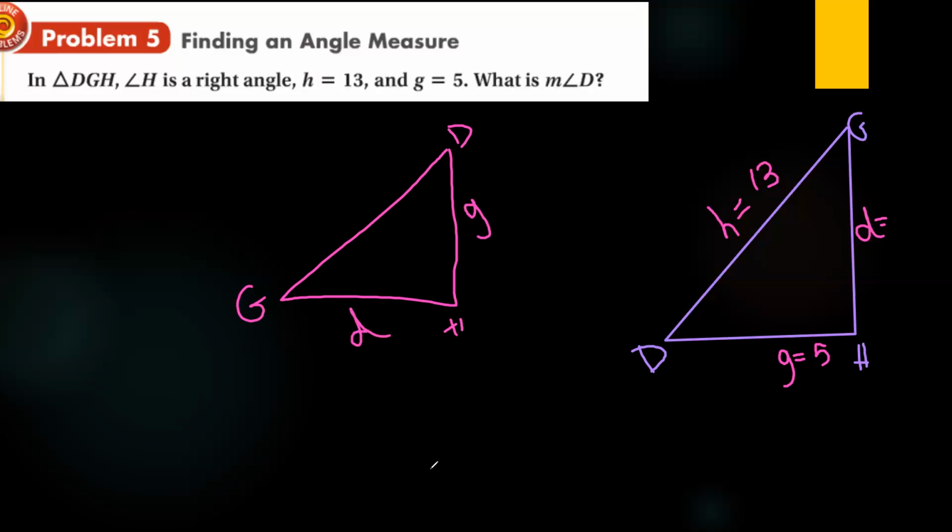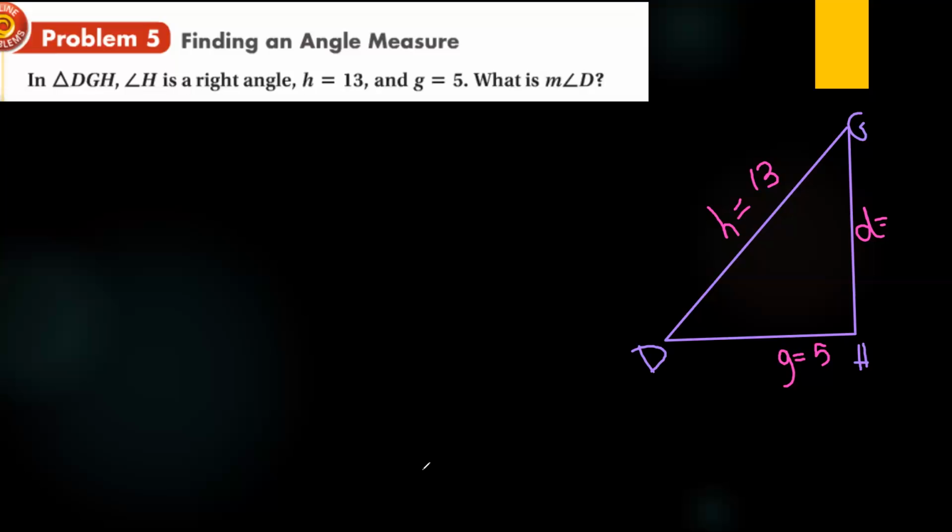I must have D small as the opposite side of angle D. Okay, so it's okay like that. But you must be careful that if here is D and here is G, the opposite of them is the letter small. Yeah, exactly.